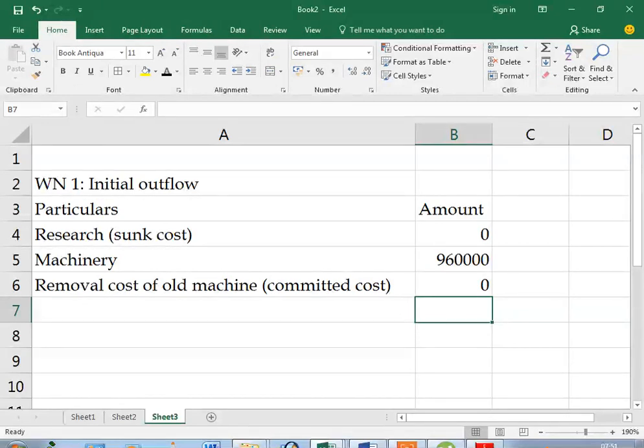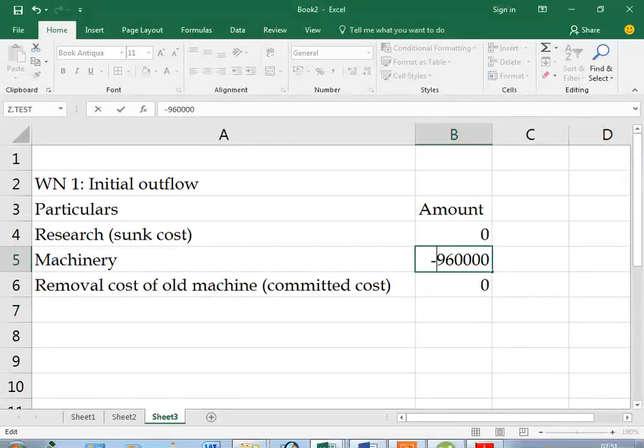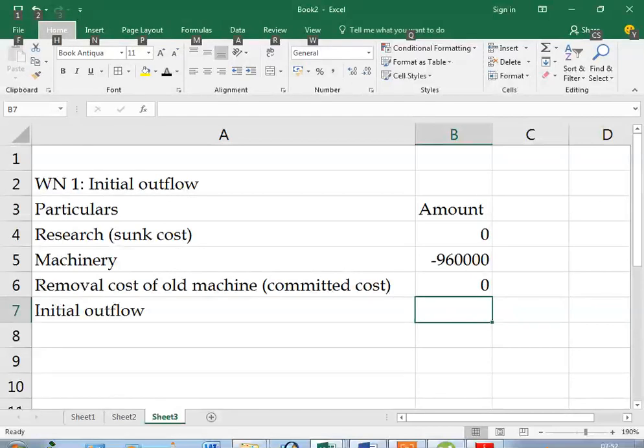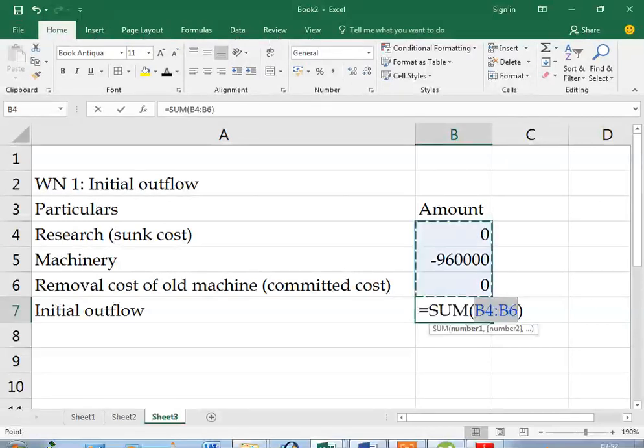Clear? This will be my initial outflow. This has to be minus 960. If this was not arranged, then it would have become a relevant item for us to write here.